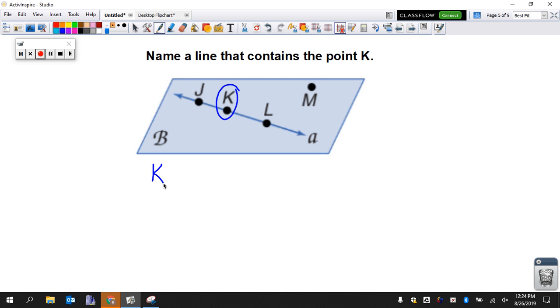So that would be 2 capital letters. So this could be K to L or L to K, or we could say K to J, here to here, or J to K.